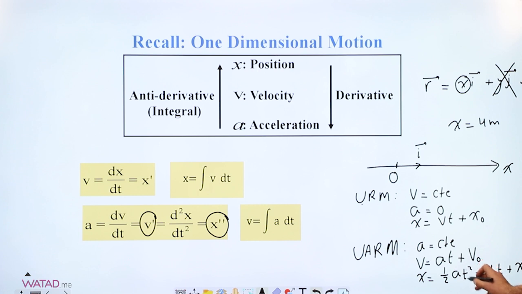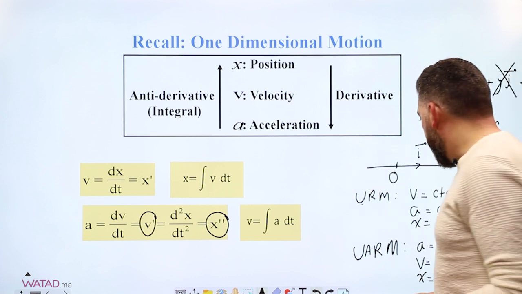If you derive this side, it becomes x prime, and this side becomes half a times 2t, so it's at, plus v0 as the derivative of v0t, plus x0, which is constant, with derivative 0. It is the initial position. So we get this equation if you derive both sides, and we get equation 2 from this equation. If you derive again, a equals a, so a is constant and has the same value.